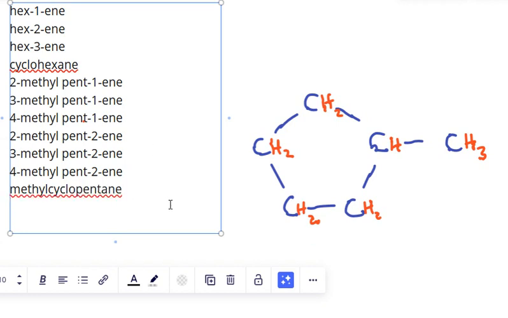That checks all the boxes. Unfortunately, there's no variety to this. There's no double bonds we can move around. There's no other places we can put this methyl group. No matter where we put it, that would be carbon number 1, so there's no numbering to change. So we only get 1 isomer here, and it's methylcyclopentane.